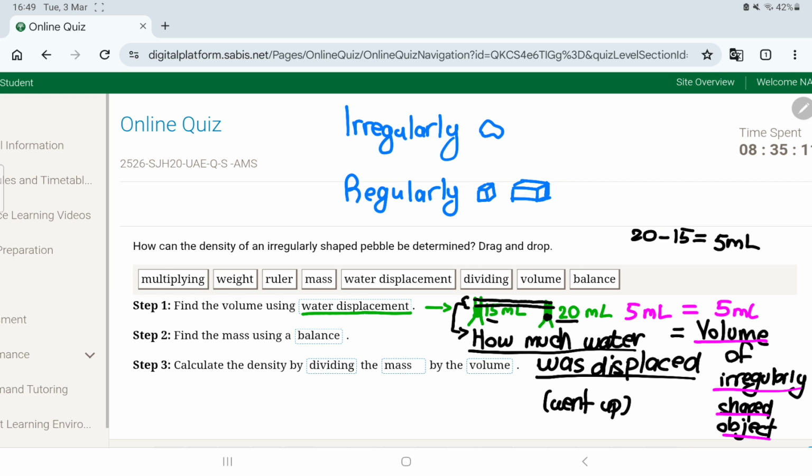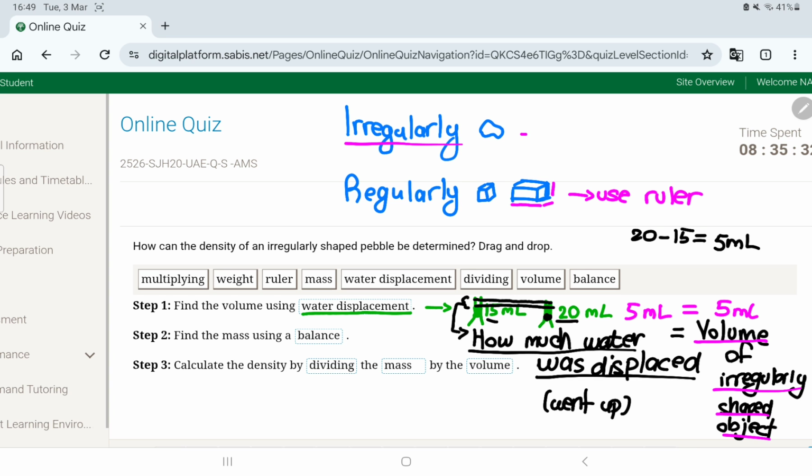For regularly shaped objects, you use a ruler, by measuring the 3 dimensions: the length, the width, the height. But for irregularly shaped objects, can you take the length and the width and the height? No, because it's irregular. So what do you use?